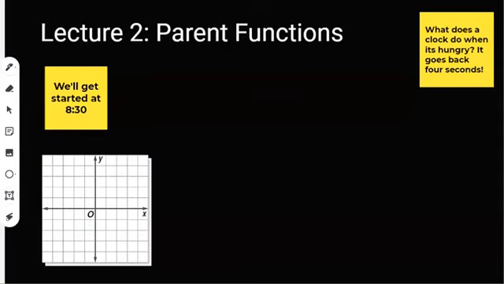Let's do a definition real quick. Whenever I do a definition in this class, I'm going to write DEF, dot, dot, and that just stands for definition. So I want to define what a parent function is. A parent function is actually the simplest type of a family of functions.